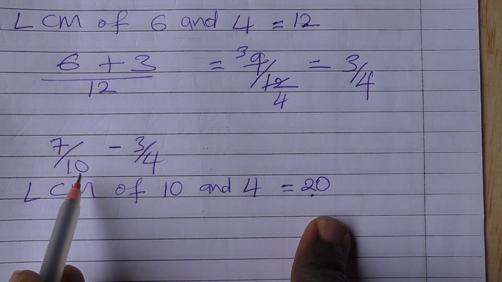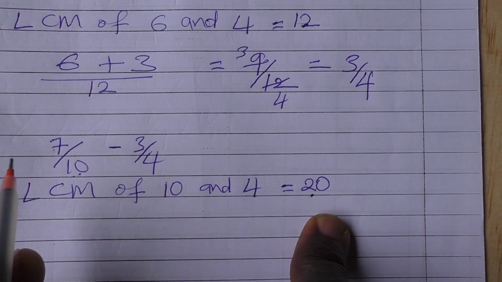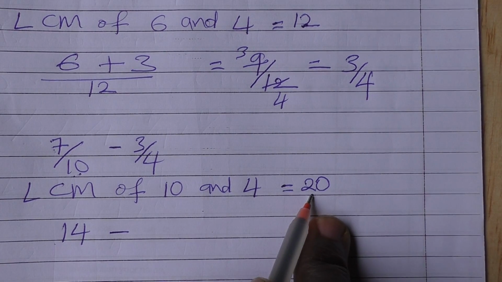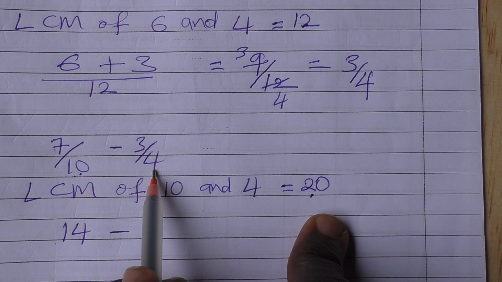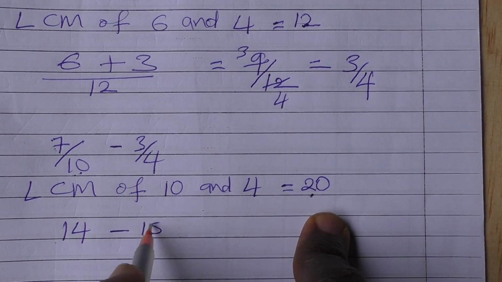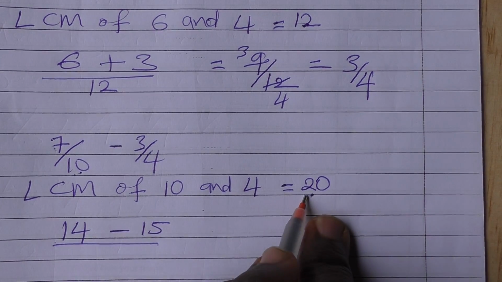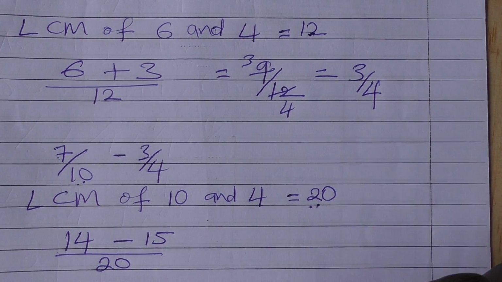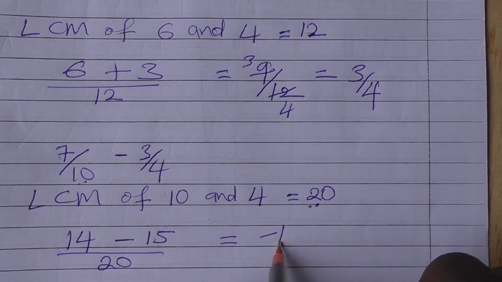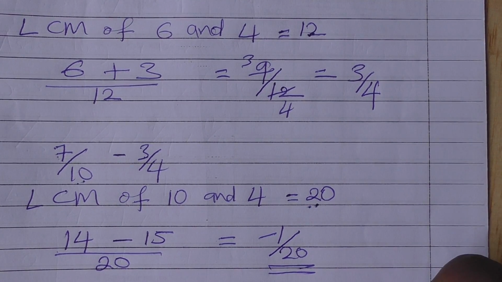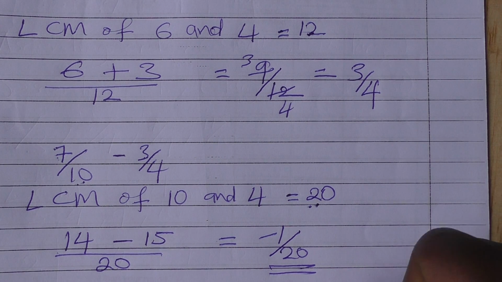So 20 divided by 10 is 2, times 7, 14, minus 20 divided by 4 is 5, 5 times 3 is 15 over the LCM, which is 20. And now if we subtract, we get negative 1 over 20 as our answer. So that is how we add or subtract fractions.